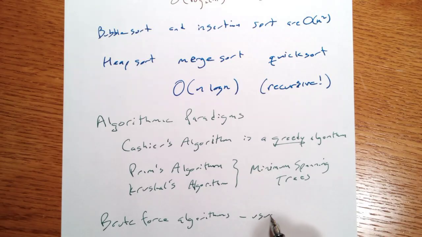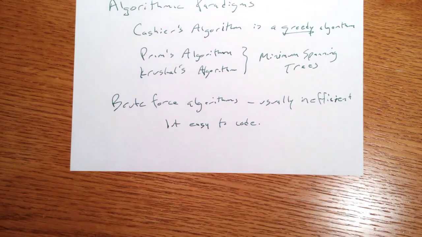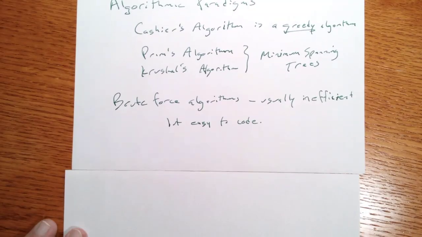These are usually inefficient, but they're usually fairly straightforward in terms of coding. I'm going to give you one. It's my favorite brute force algorithm. It's called the shortest distance algorithm.